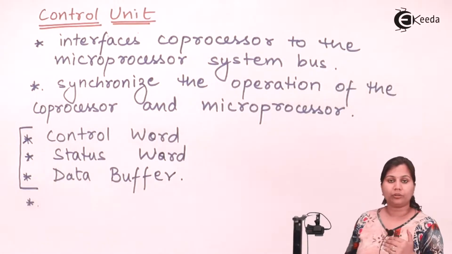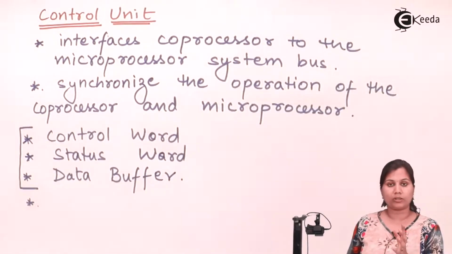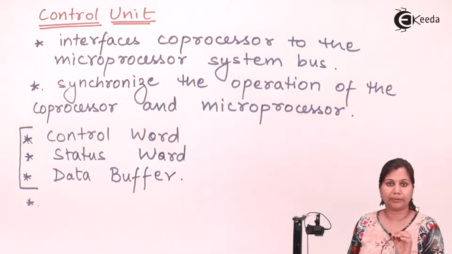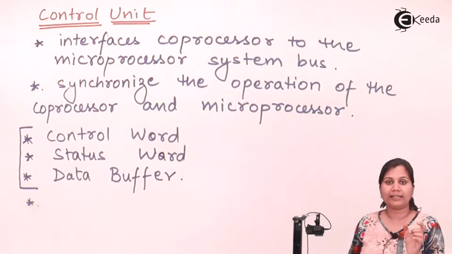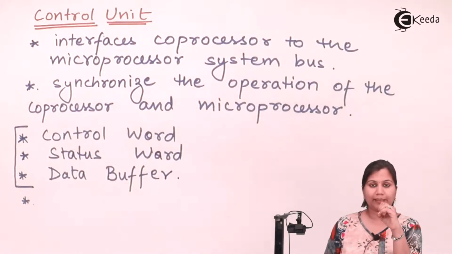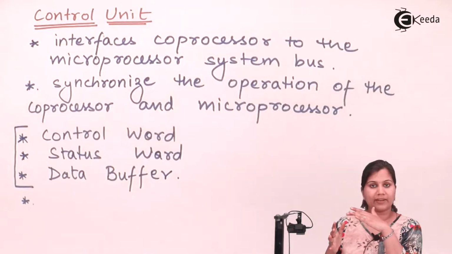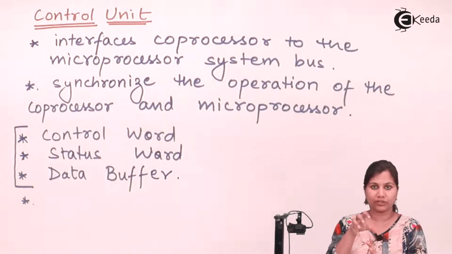Now we know that the 8087 coprocessor also has its own instruction set, and in that instruction set, every instruction has the prefix F, and escape ESC is added before every instruction. Just like the 8086 microprocessor has the instruction queue, the 8087 also has its own instruction queue where it fetches the instructions.